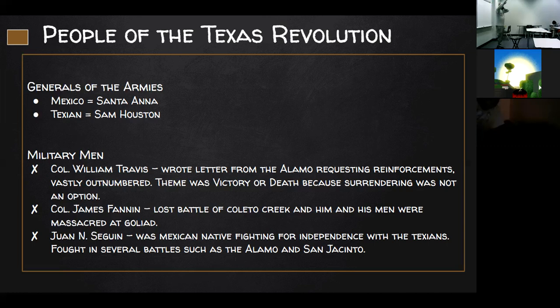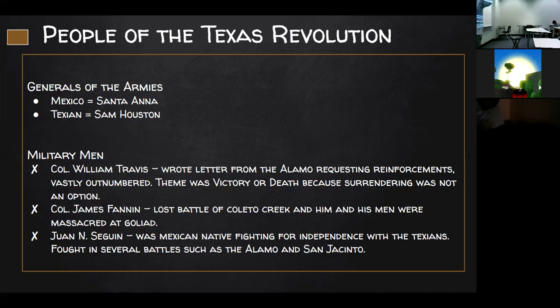So when they gave up, thinking, drop the guns, we give up, massacre means they were walked over, thought they were good, and they lined everybody up, shot them in the back. Killed everybody. Okay? So that's the difference between Travis not giving up and Fannin, who did give up, but in both battles, everybody would die.